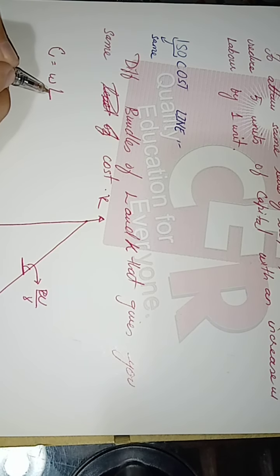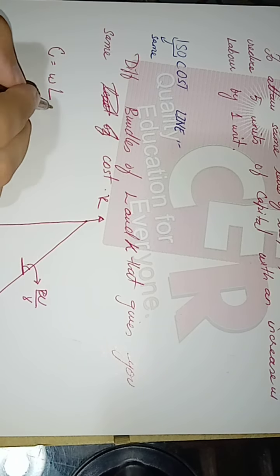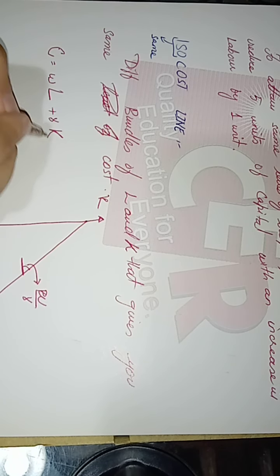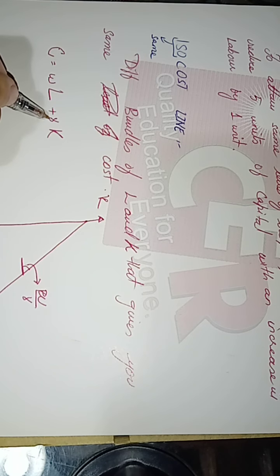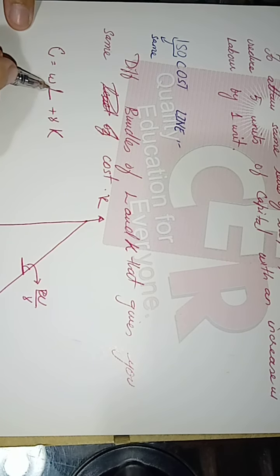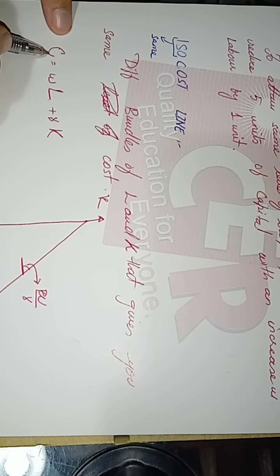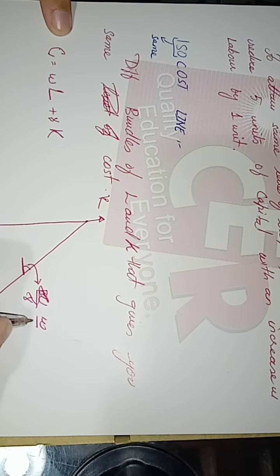W is the wage rate which is given towards the labor, plus R over the capital, the interest rate or the interest payment we have to pay to the investors. So here is the isocost equation and this is the slope of the isocost line. Okay, I hope these basic terminologies will be clear enough.